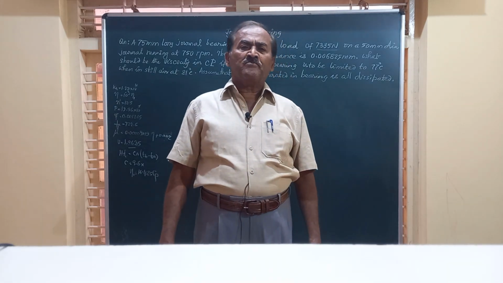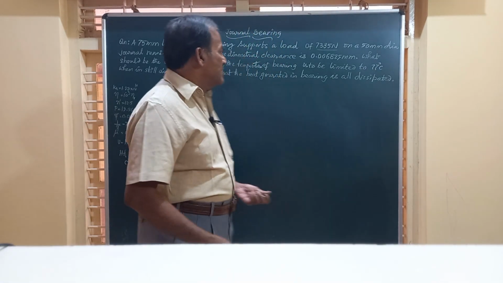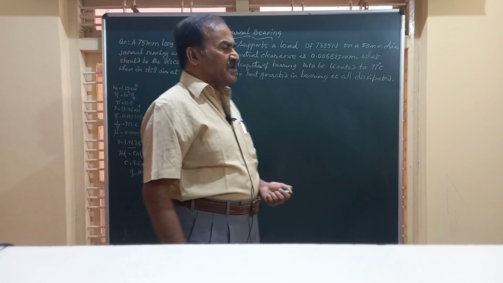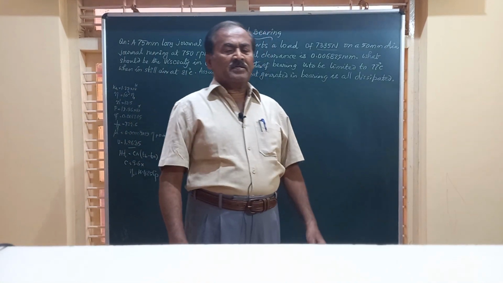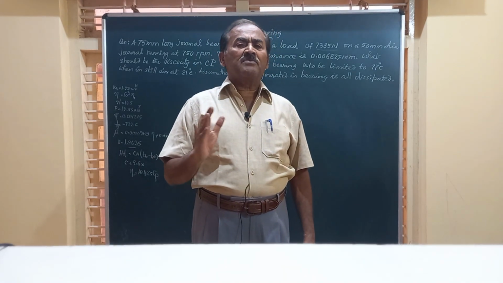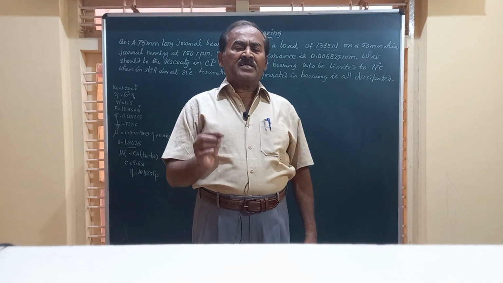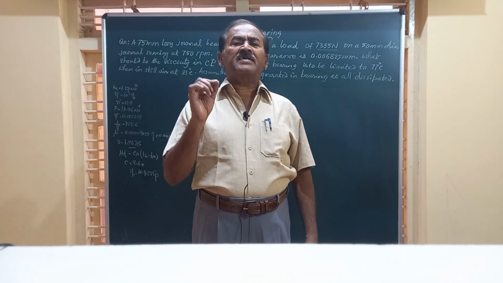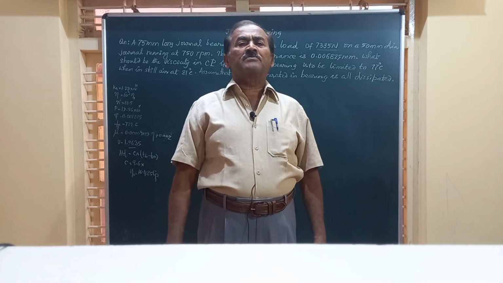So in this problem, friends, at the end it says to assume that the heat generated in the bearing is all dissipated. So only based on this condition will we be able to find out the total heat generated in the system, or the heat generated in the system is totally removed.